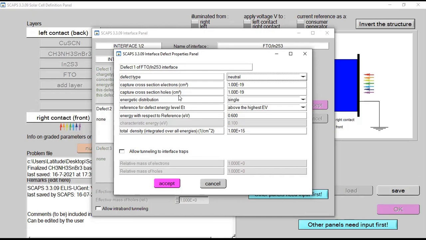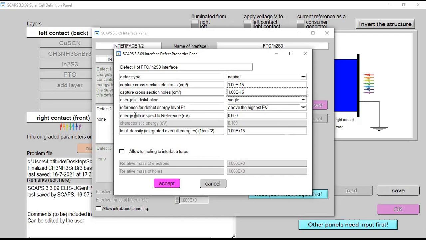You can vary your values, like it has 1 raised to minus 19 for hole and electron. You can vary them depending upon your architecture and your parametric values. In some papers they have kept this value at minus 15 and minus 15, and minus 19, minus 13, depending upon whatever parameter they want to simulate. And then energetic distribution, it should be single.